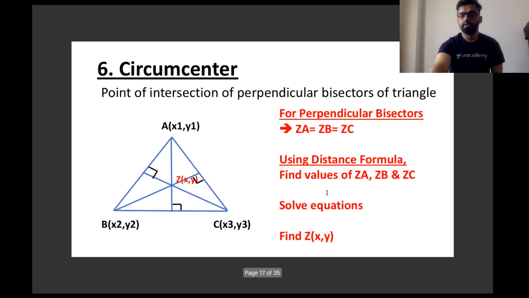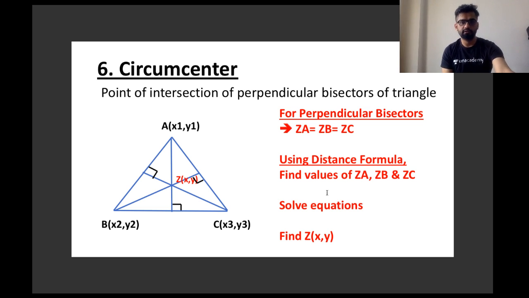Let's go to the next, circumcenter. What is circumcenter? It's the point of intersection of perpendicular bisectors of a triangle.